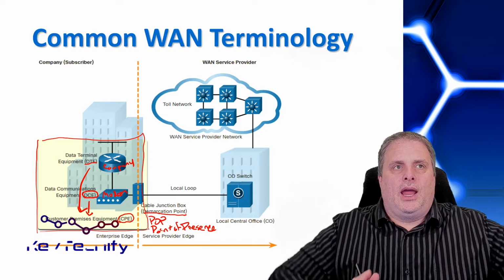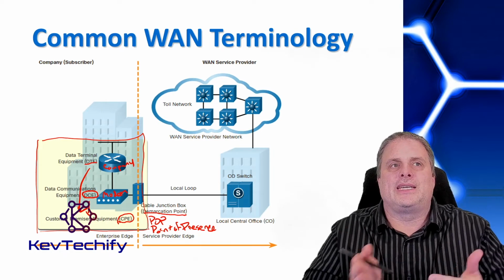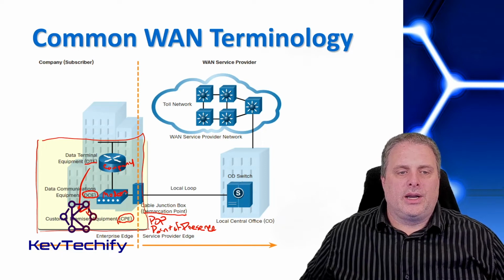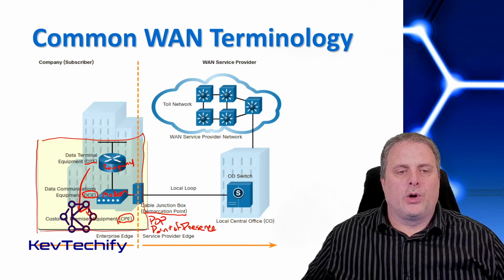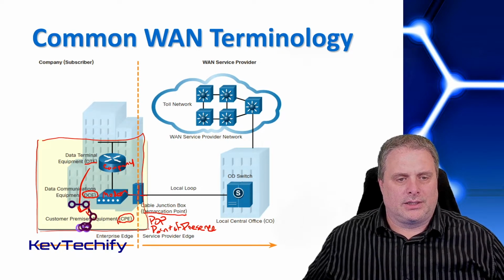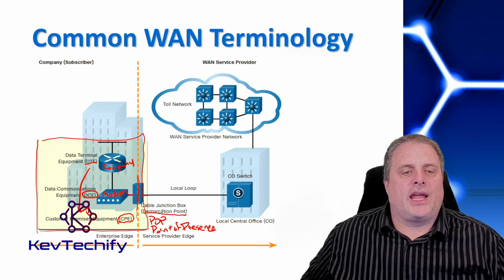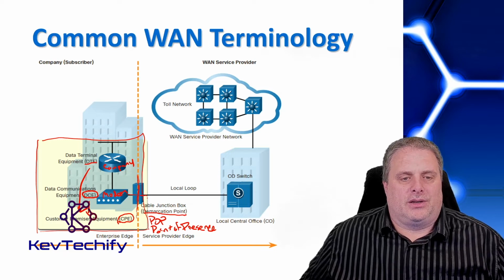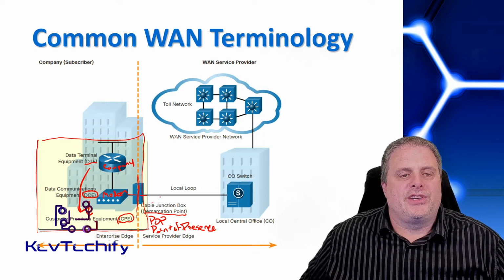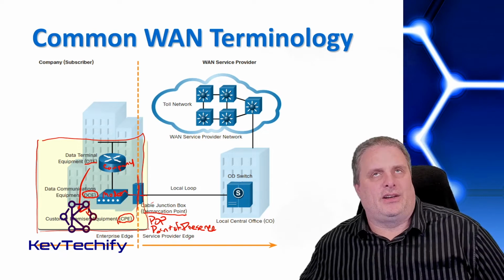The point of presence is the point where the subscriber connects into the service provider network. And so what we're doing here is this modem is going to connect into the service provider network right here on this edge. The point of presence, the demarcation point, is that physical location. It's in a building or outside your building that officially separates the company's responsibility and your service provider's responsibility.